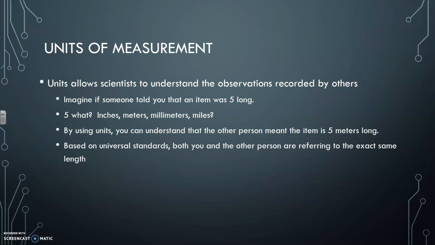But by using these universal standards, you can say 5 meters to somebody in, say, Australia, and they will know the exact length that you're talking about. There's actually a story with NASA partnering with another space exploration program, I think in Europe. The Europeans were using all of their units in metric, and the Americans were using the imperial system.